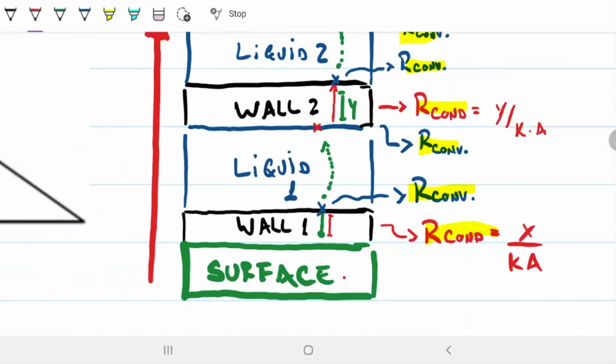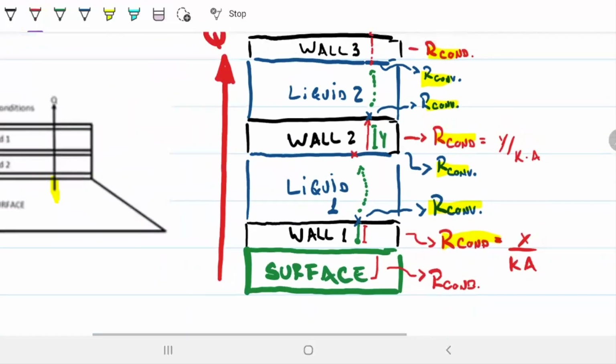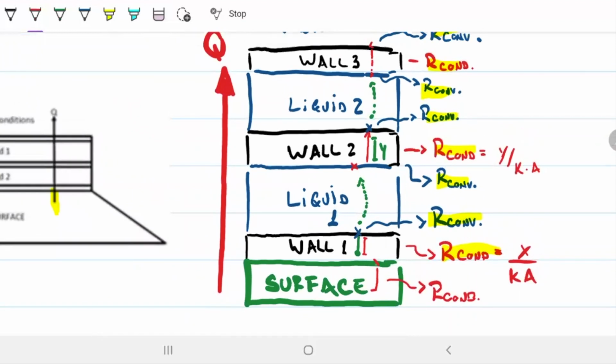So we would have an extra conduction just here, according to the distance it has to travel. If this is very, very thin, maybe we can ignore it, but regardless, you can argue that there will be a resistance through that surface. Then when we get to this point here, if it's a perfectly smooth contact, then fine, we won't have any barriers. It'll just go from one conductive resistance to the next.